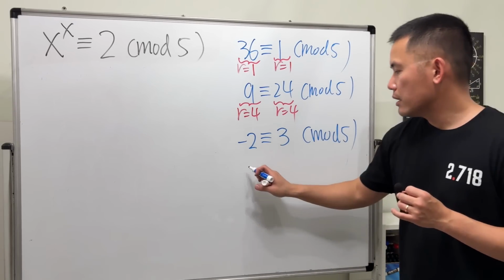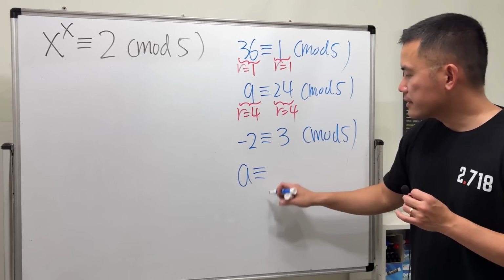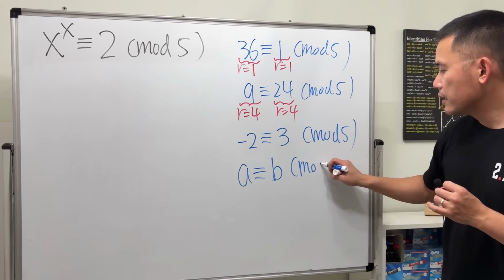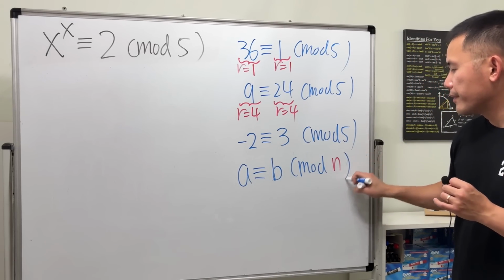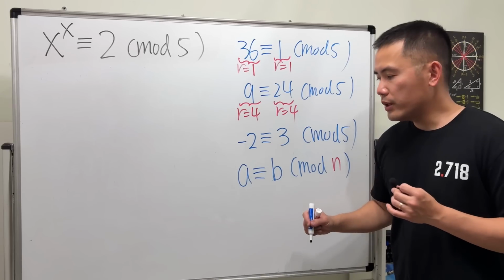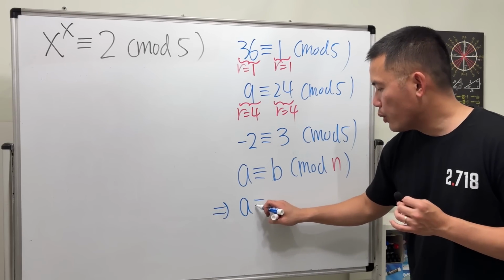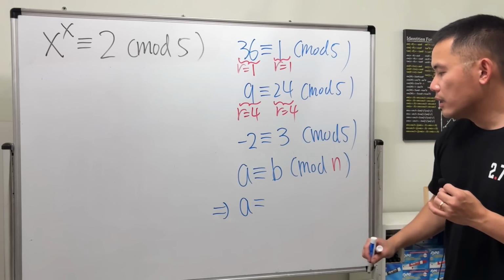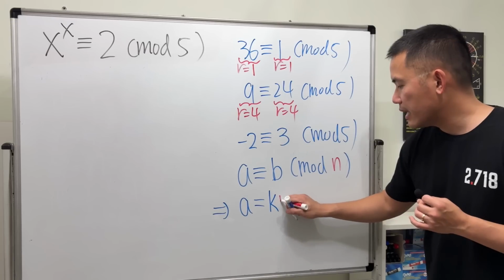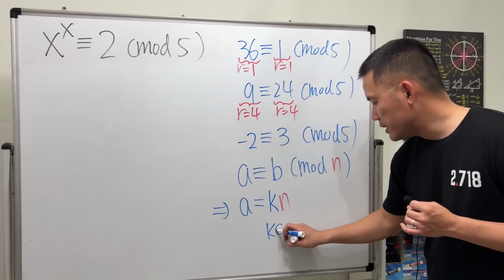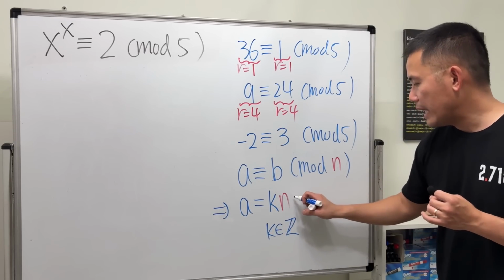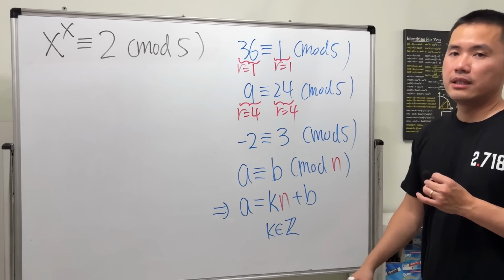Using this idea, in general, A is congruent to B mod n. A better way to represent this with an equation is that we can write A being equal to some multiple of n. We'll just write it as k times n, and here k has to be an integer, and then we add the b to it.